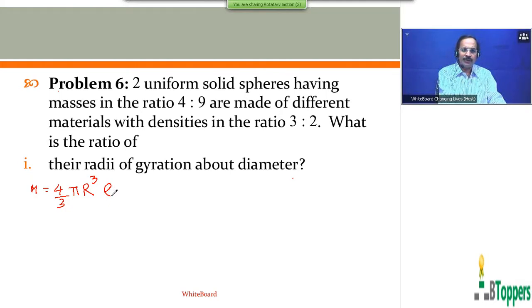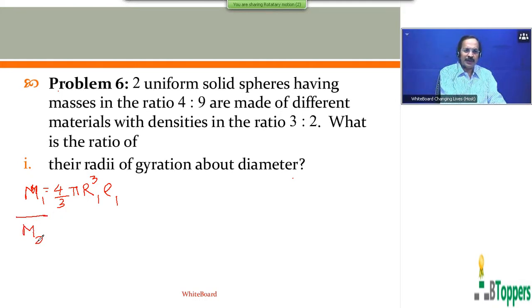If rho denotes the density of the sphere, the mass of the sphere is volume into density, that is 4/3 pi r cube into rho. So the mass of the first sphere is denoted by m1, the radius of the first sphere by r1, and the density of the material of the first sphere by rho1.